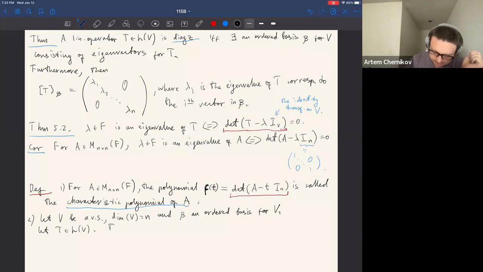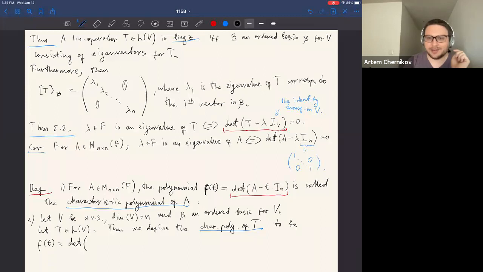Then we define the characteristic polynomial of T to be again f of t equal to the determinant of the matrix representing T with respect to beta, minus t times the identity matrix, the n by n identity matrix.